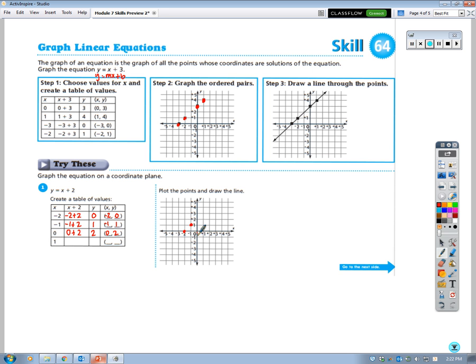And the last point we're plugging in is when x is 1, so 1 plus 2 is 3. So x is 1, y is 3, and then we're going to just go ahead and connect those points. And that is our review of plotting linear equations.